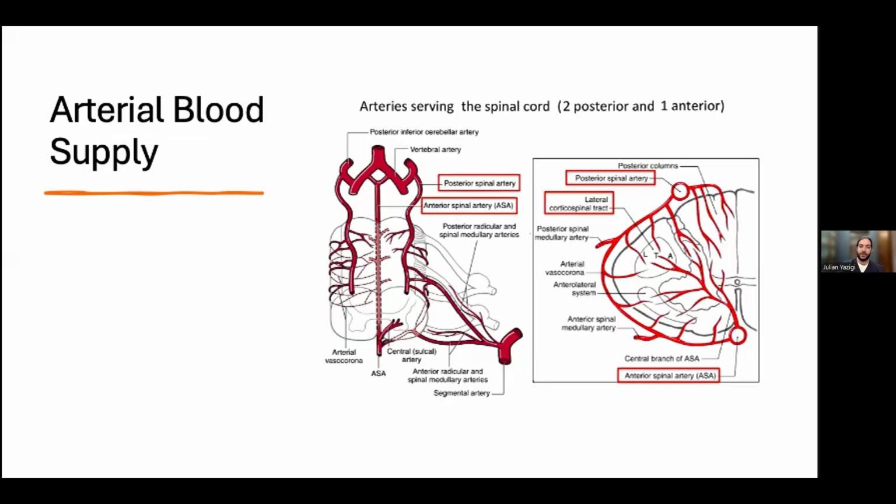Because it perfuses the anterior two-thirds of the cord at crucial levels, any disruption, such as during thoracoabdominal aortic aneurysm repair, in trauma or embolic events, can result in anterior spinal artery syndrome, which is characterized by bilateral motor paralysis and loss of pain and temperature below the lesion, with preservation of dorsal column modalities.